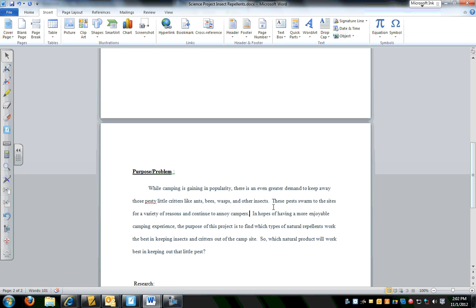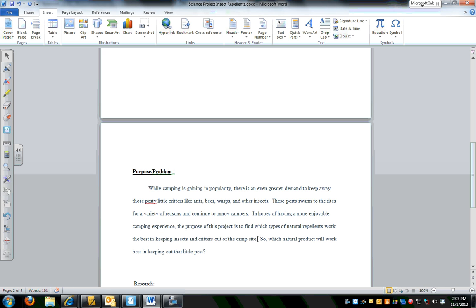These pests swarm to the sites for a variety of reasons and continue to annoy campers. In hopes of having a more enjoyable camping experience, the purpose of this project is to find which types of natural repellents work the best in keeping insects and critters out of the campsite. So, which natural product will work best in keeping out that little pest?